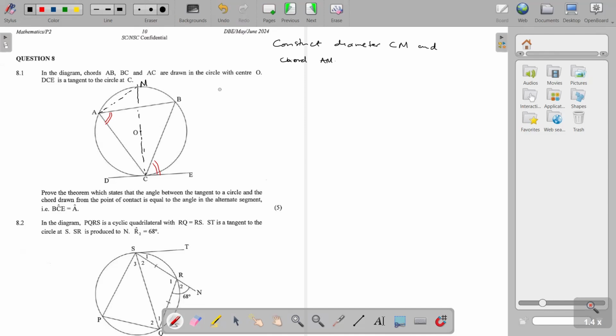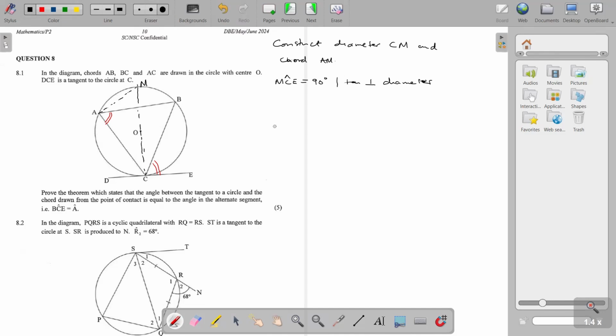So in that regard, we can now say angle MCE is equal to 90 degrees. What is the reason for that? The tangent DE is perpendicular to the diameter that we constructed, CM.